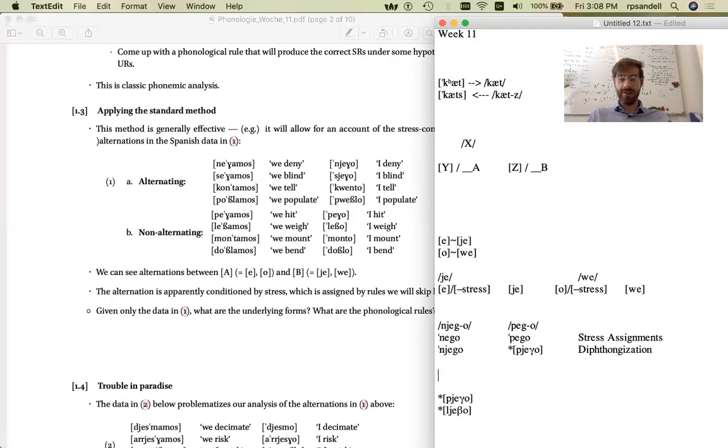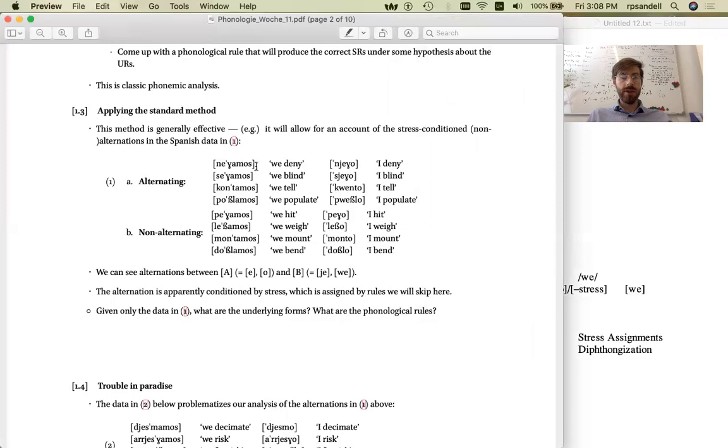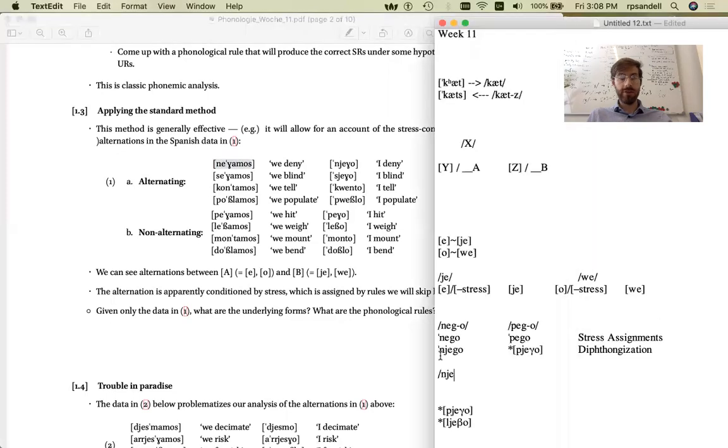So now let's try the inverse analysis and go to the case where we'll have a stressless second syllable. The stress assignment rule will assign stress to the second syllable in these forms.